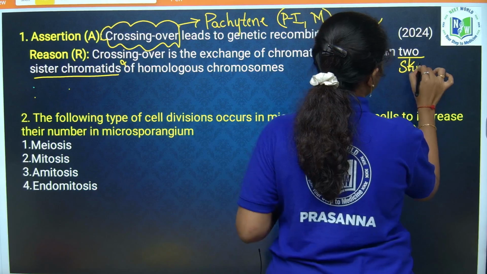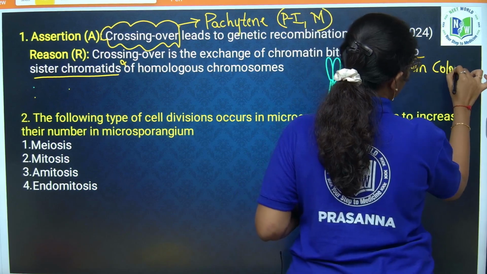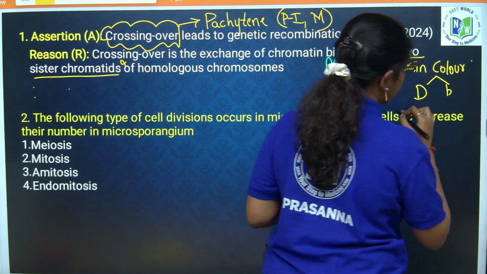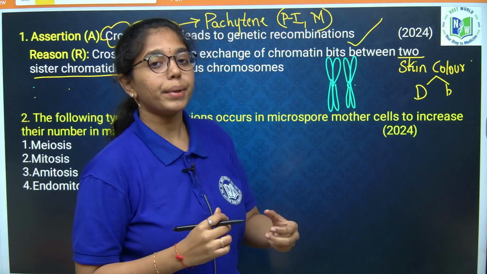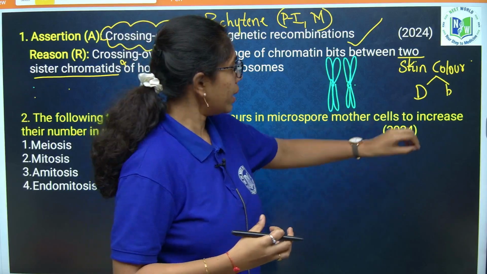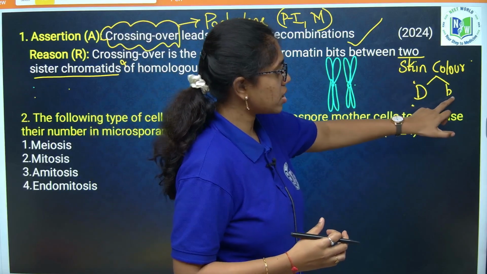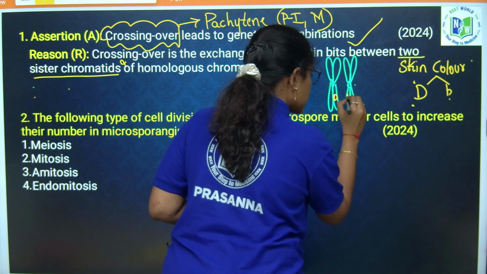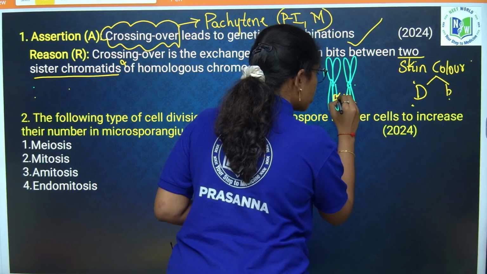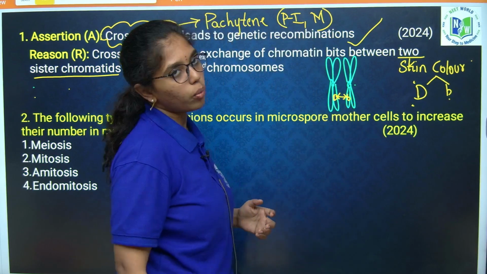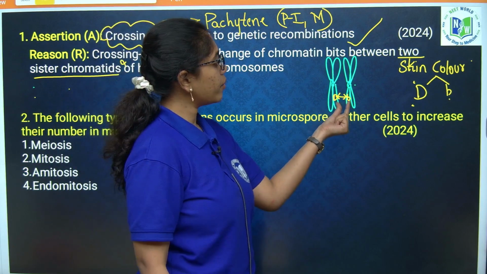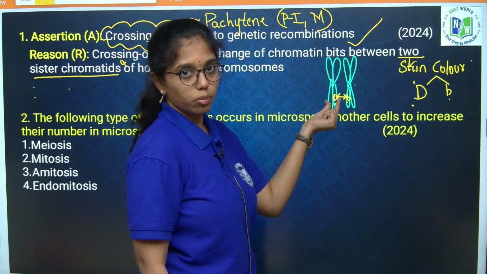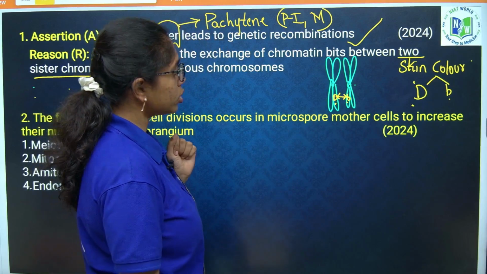Let us take two different alleles, one capital D and one small d. Capital D codes for melanin pigment, which is dominant, and small d is recessive. These two alleles are located at the same loci on two non-sister chromatids of homologous chromosomes. They are located where, beta? On the same loci of homologous chromosomes, on non-sister chromatids.